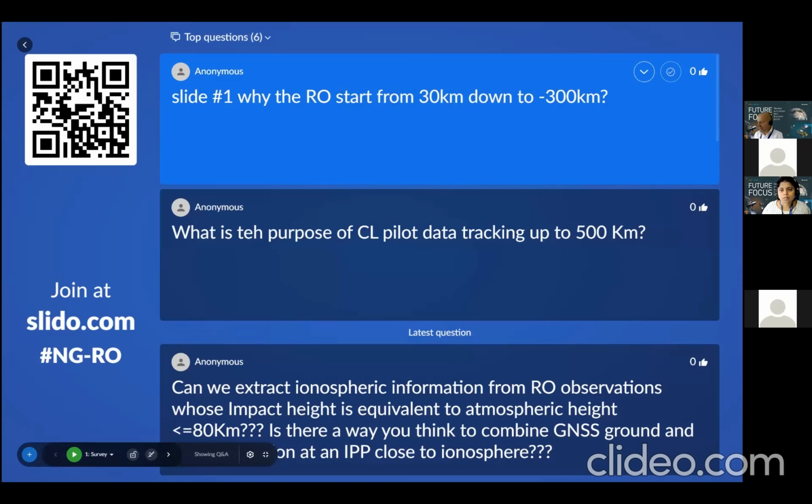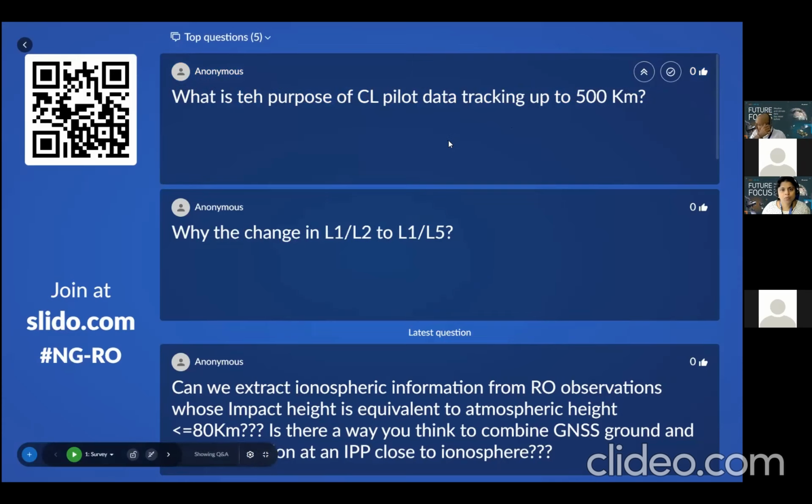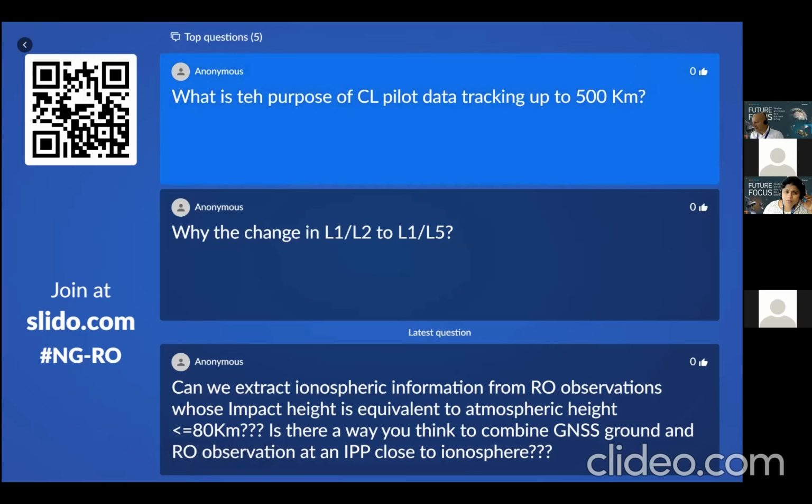So what's the purpose of the pilot data tracking? Just to have carrier phase and pseudo range measurements in the ionosphere for the monitoring of the ionosphere and for space weather.